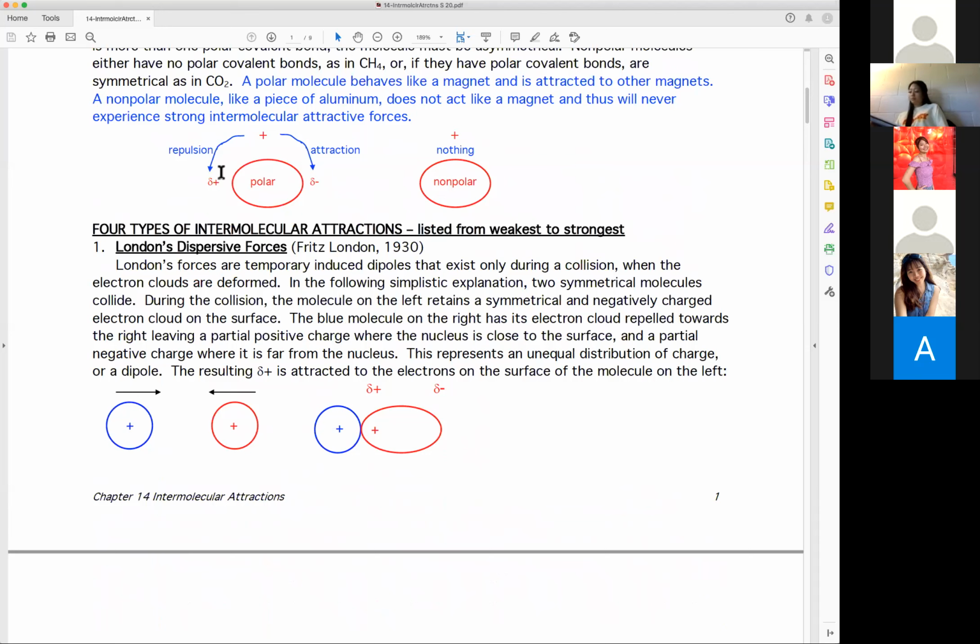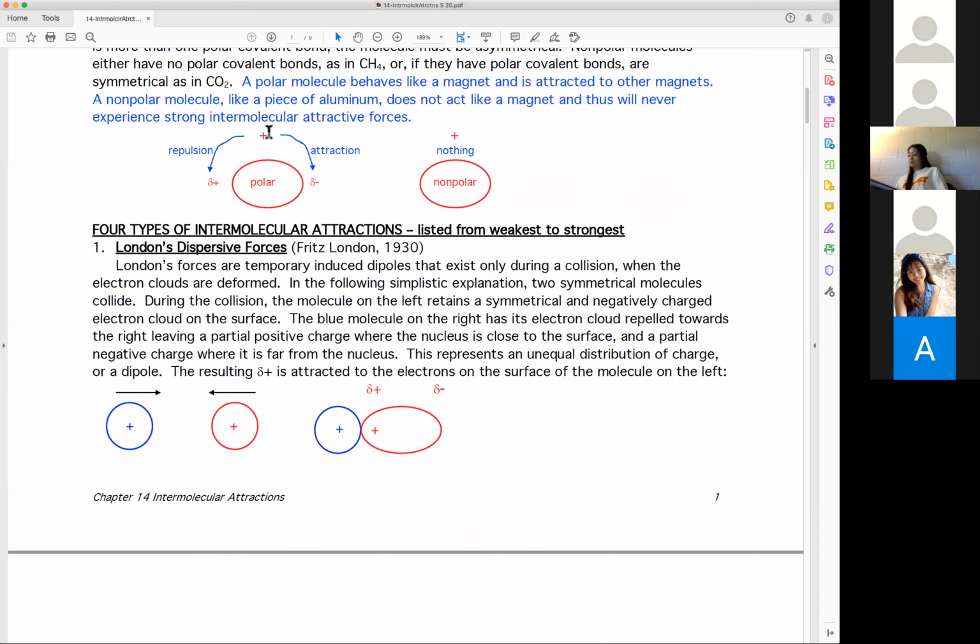So if I take a polar molecule, which has a dipole in it, you guys know about this. Di means two, so two poles, a partial positive and a partial negative. If I bring a positive charge up to this, for example, a sodium ion, there's going to be attraction to this side and repulsion to this side. If I take that same positive charge and hold it up to a nonpolar molecule, there's nothing.